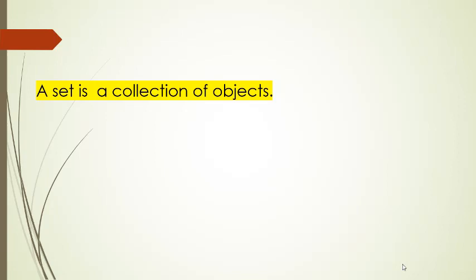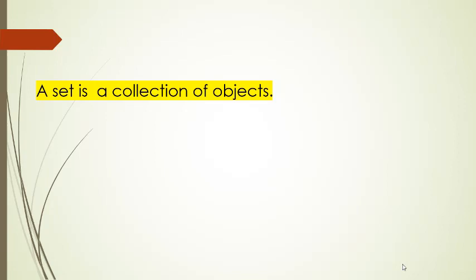For instance, if you have 5 books, you can say that you have a collection of 5 books. And let's say that at home you have Naruto books, like volume 1, volume 2, and volume 3. And let's say that you have another collection of manga, which is Dragon Ball. You can have Dragon Ball volume 1, 2, 3, 4, 5, and 6.